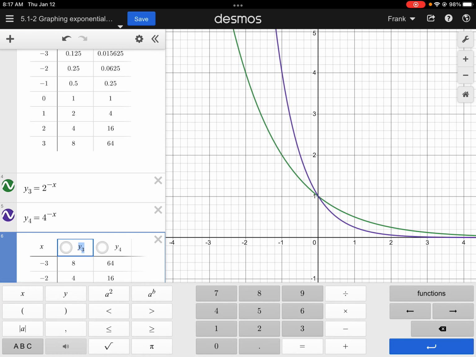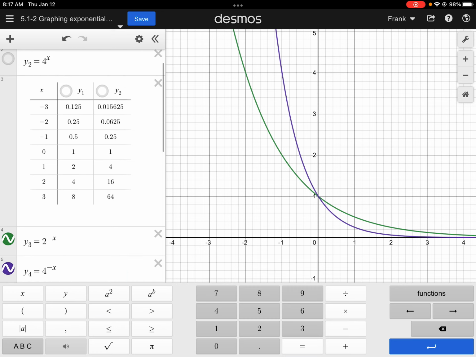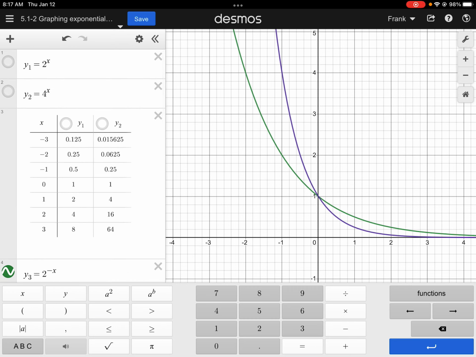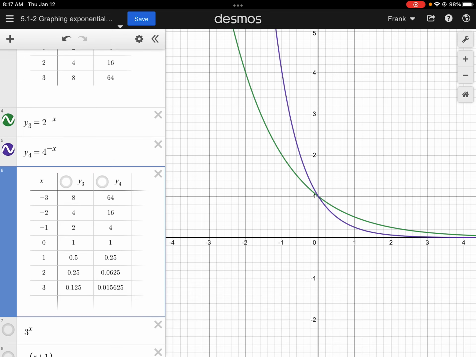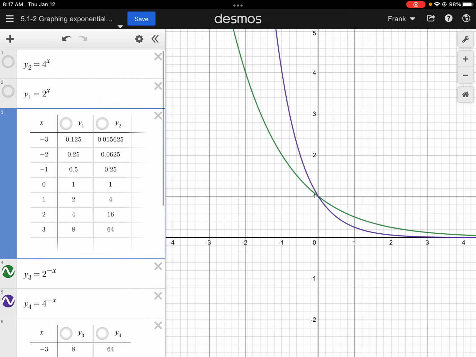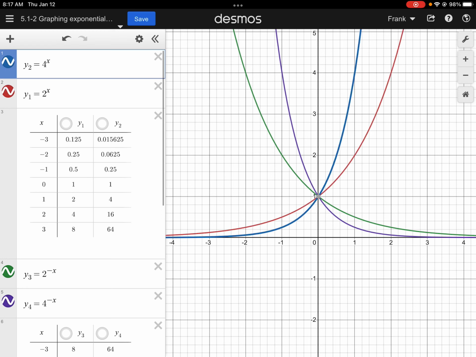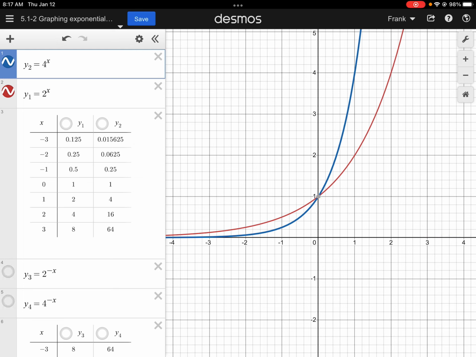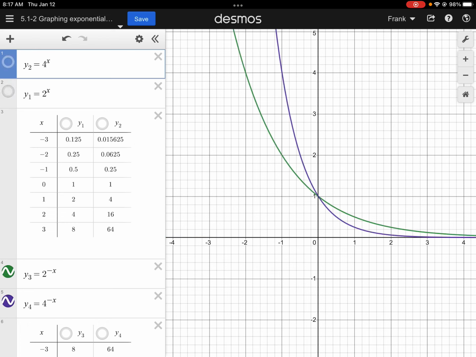When the exponent was negative, we have a decreasing exponential function. We generally call that a decay function, if we have an exponential function that's decreasing. When the exponent was positive, we had an increasing exponential function, often called a growth function. So there are our two growth functions. There are our two decay functions.